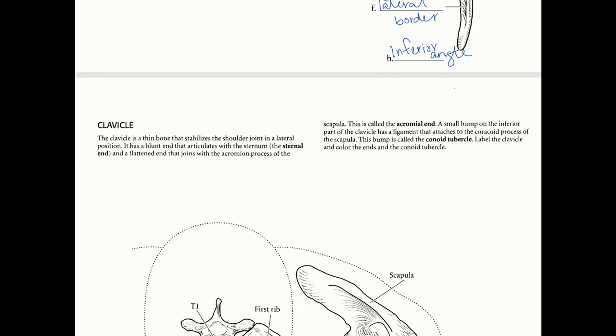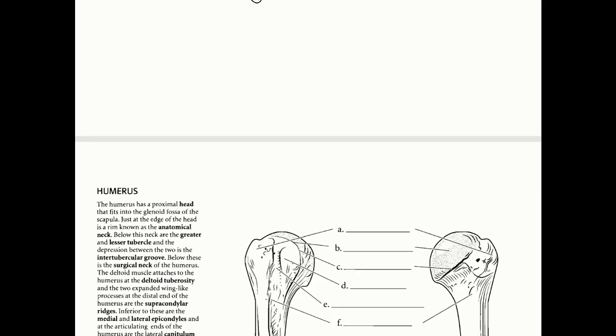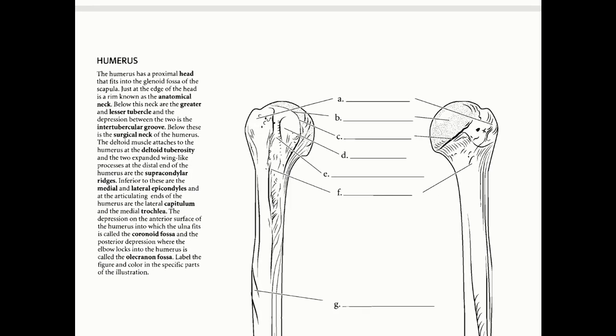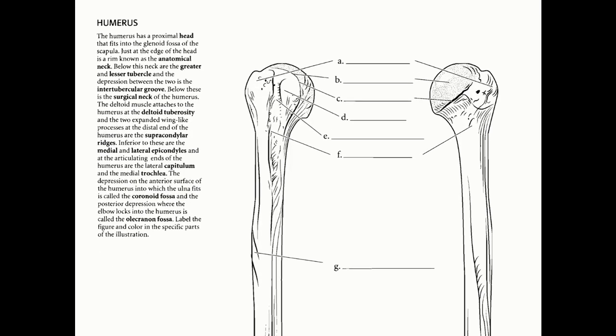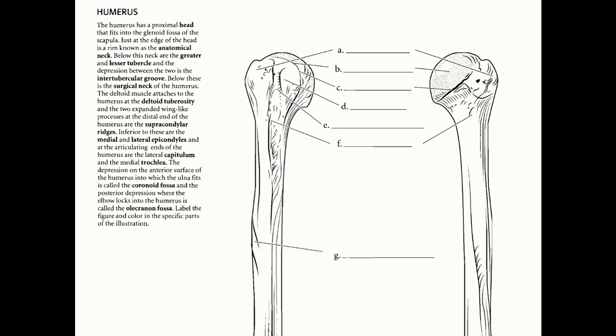So let's go ahead and take a look at the structure of the humerus. All right. So I mentioned that when we have a bump, we tend to call it a tubercle. So this bump here, which is on the lateral side, as well as here, this is lateral as well.